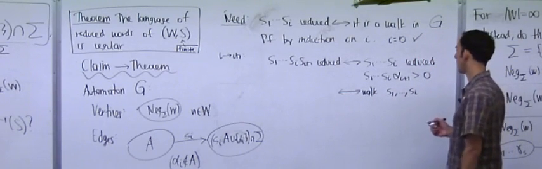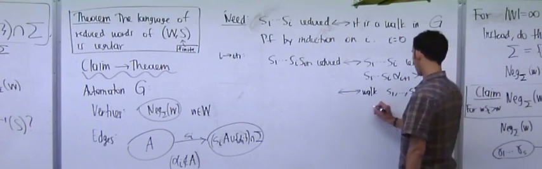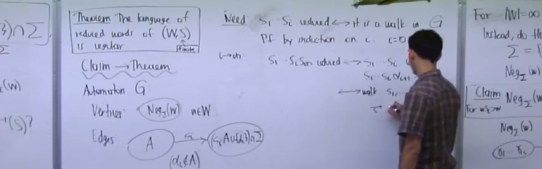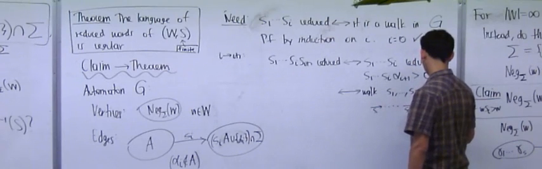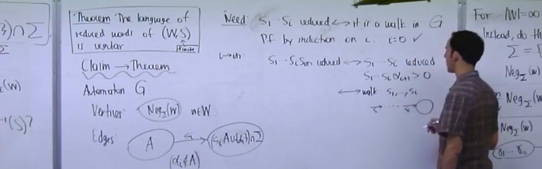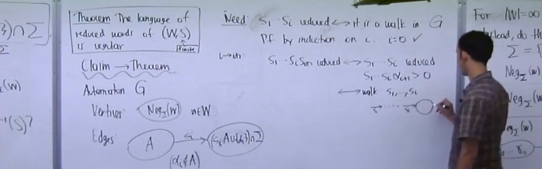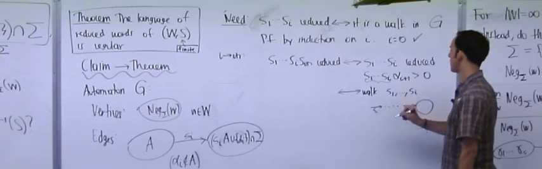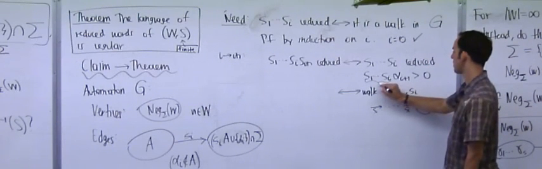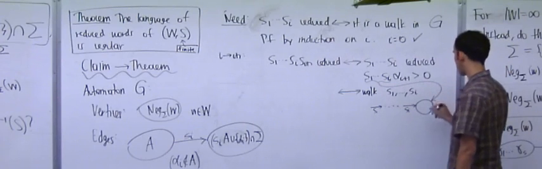Okay? So here it is, S_1 up to S_i, and now I'm standing over here. Now, this guy is one of the group elements that corresponds to here.